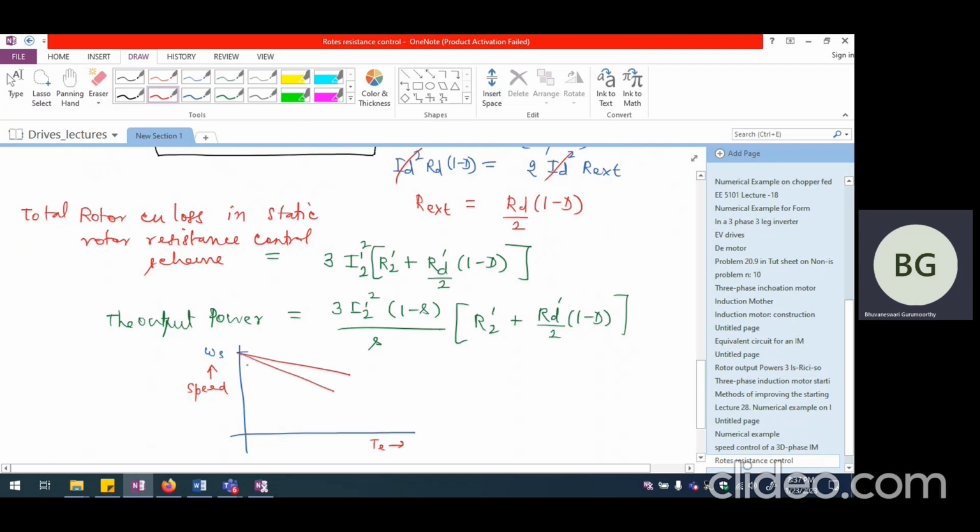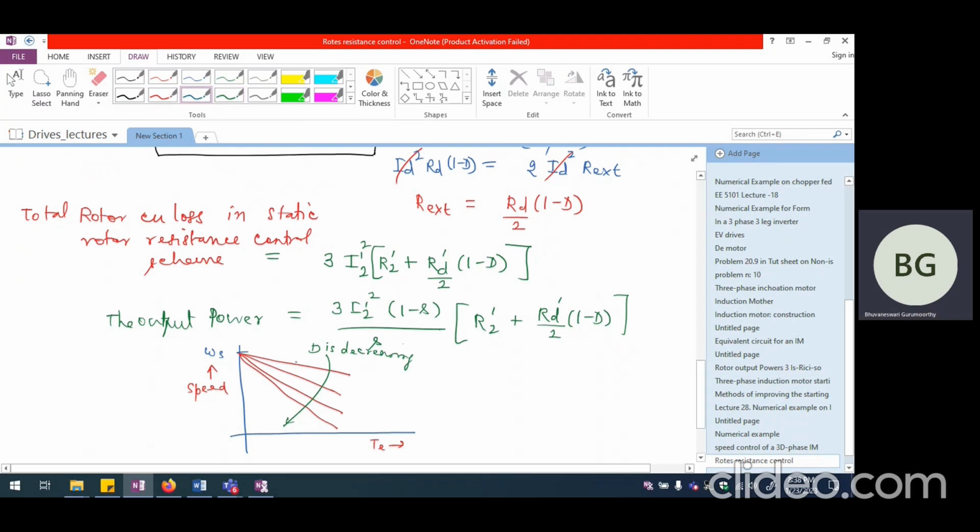As I increase the rotor resistance, I'm going to have the characteristics getting modified like this. So this is the direction in which the rotor resistance is increasing. And the rotor resistance will increase when the duty ratio is decreasing. So duty ratio is going to decrease in this direction.